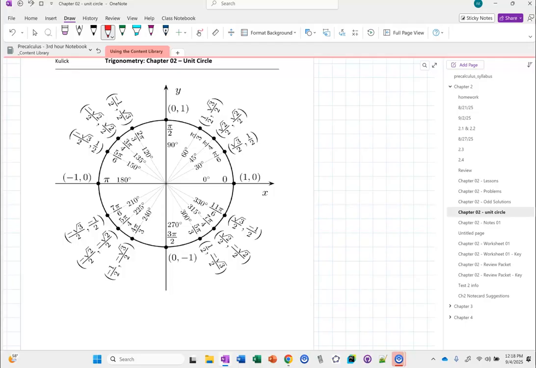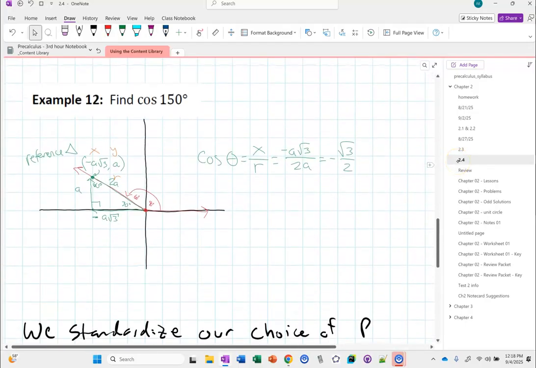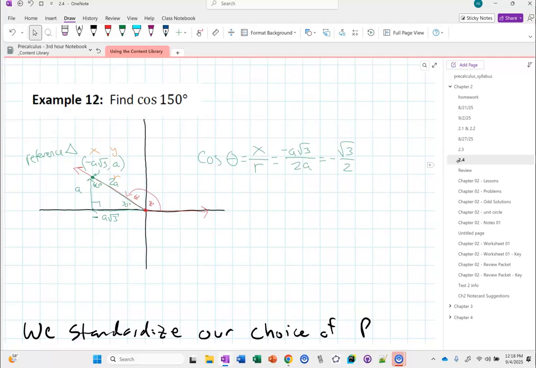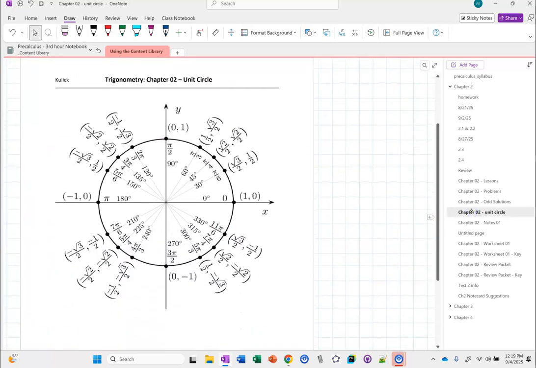It is essentially taking all the work we did to get this and just saving us from having to do the work every time we run into one of these. Because notice, if I look at 150 degrees, we said cosine was x.